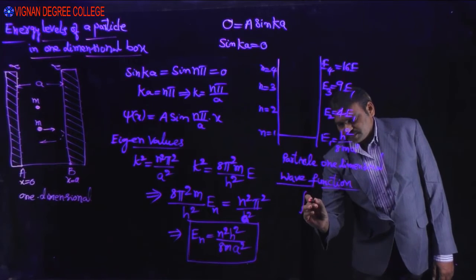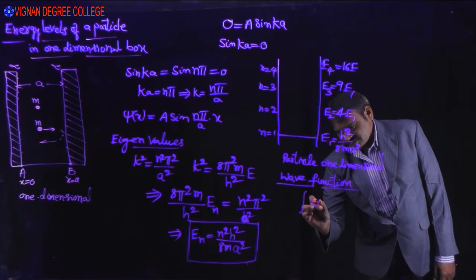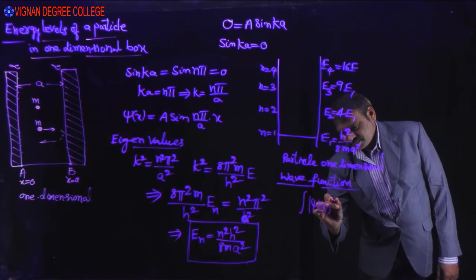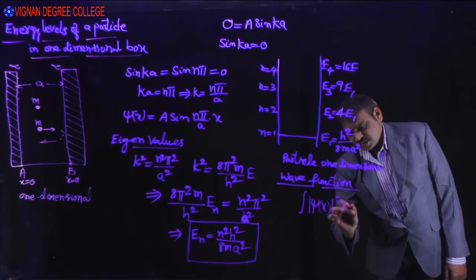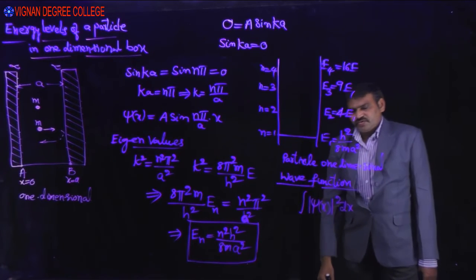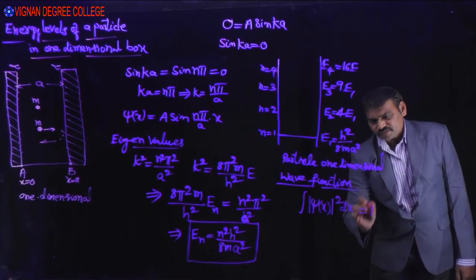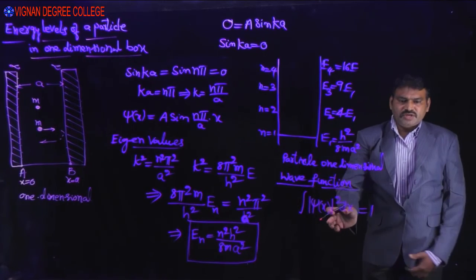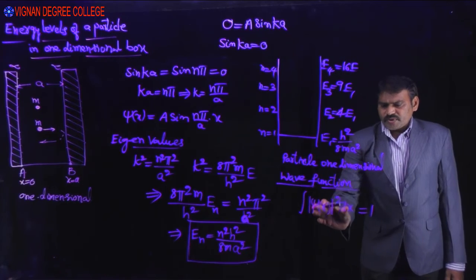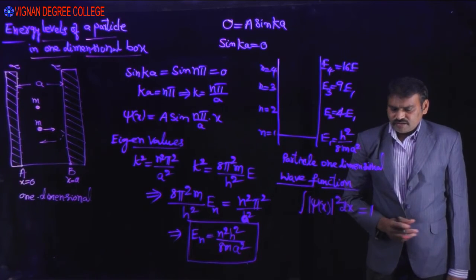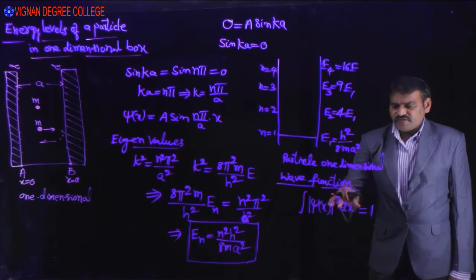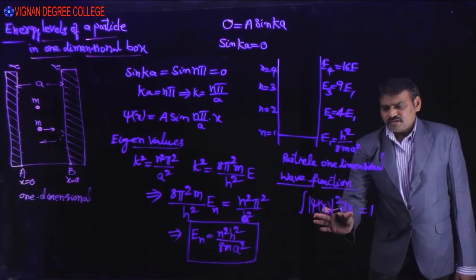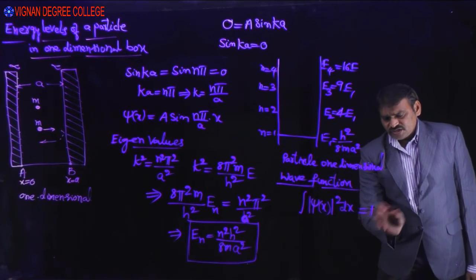If psi is the wave function, the integral of mod psi square into dx is equal to 1. This is the normalization condition. Normalization means the probability of finding the particle is unity.